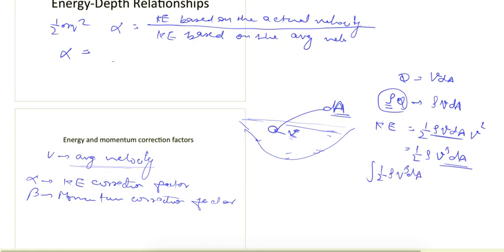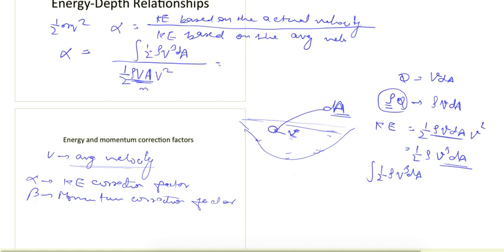So alpha is equal to the integration of half rho v cube dA divided by the kinetic energy based on the average velocity. Let's say the average velocity through this section is capital V, so it will be half rho V A, which represents the mass, into V square.